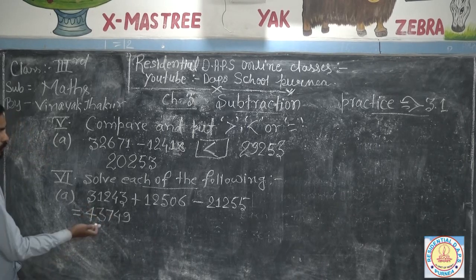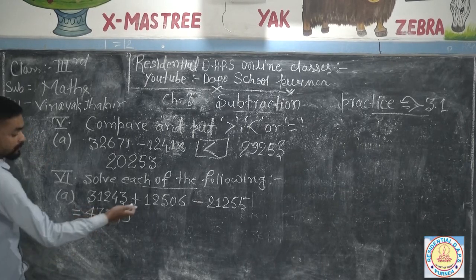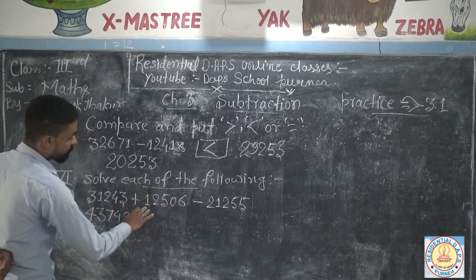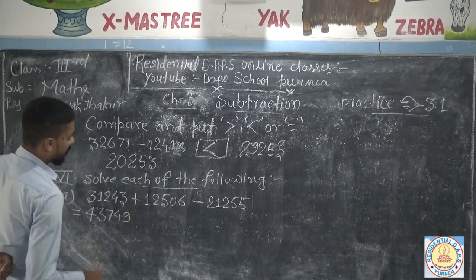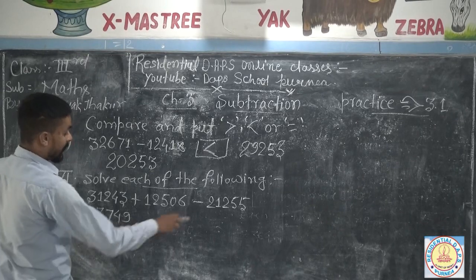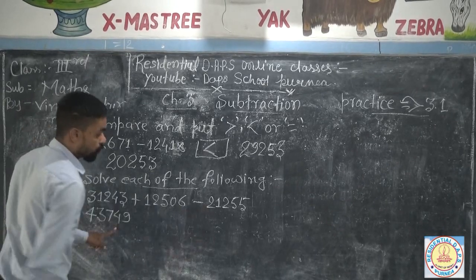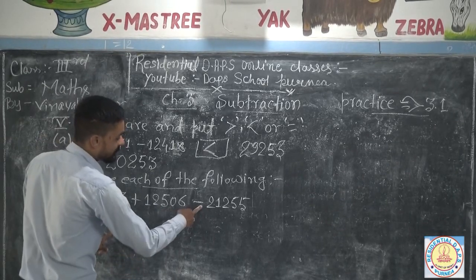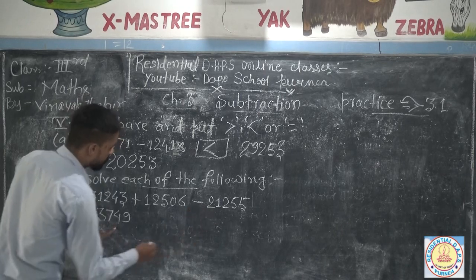So this is the sum of these two numbers, 43,749, and now what remains? Minus 21,255.